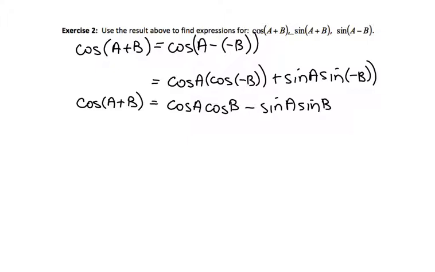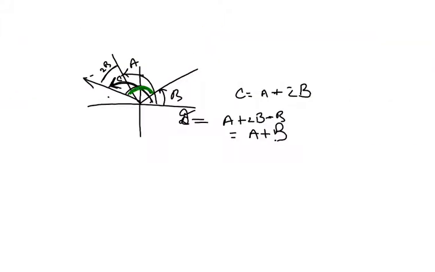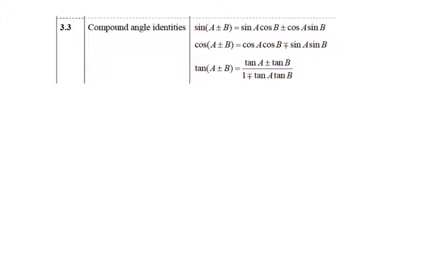I'm not going to go through finishing the proofs with you because really that's just an exercise for us to get stronger in our mathematical proofs, so feel free to continue to do that on your own. I will give you a hint for tan A plus B. Work backwards from what's in the formula booklet. If you look at what's in the formula booklet, here are the things that you should end up proving.